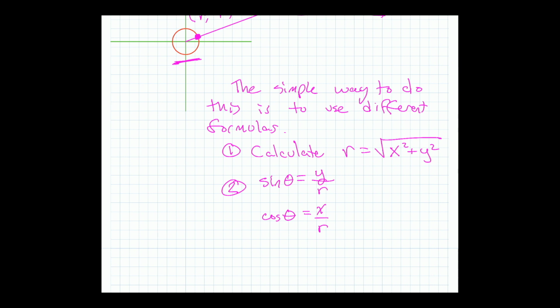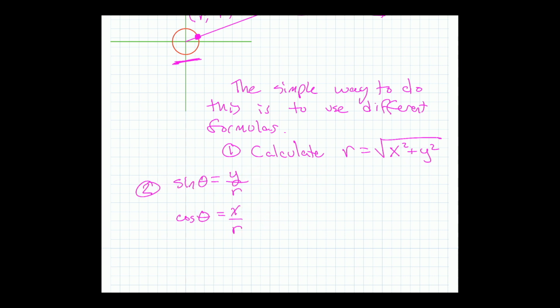And then once you have sine and cosine, the other trig functions you just work out. Let me move this out of the way so I have more room. Tangent actually stays the same, y over x, because if you divide sine over cosine, which is another formula for tangent, then the r's just cancel.